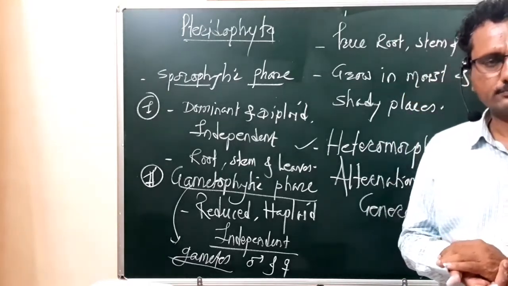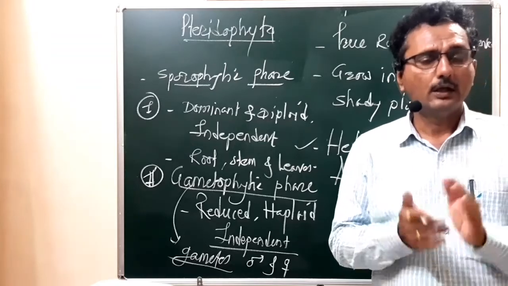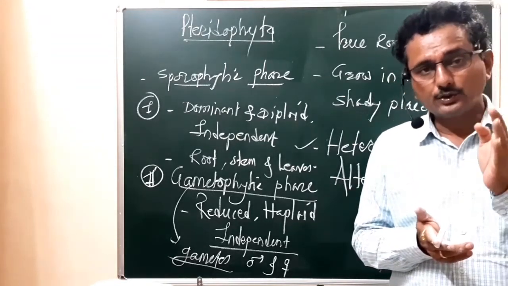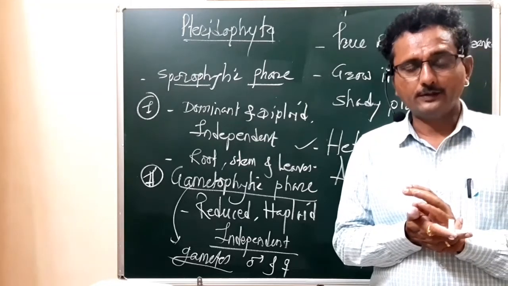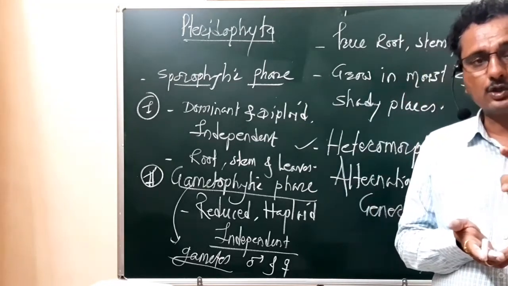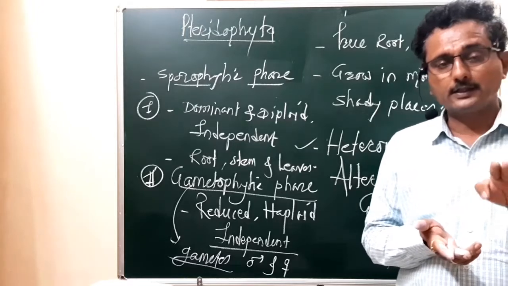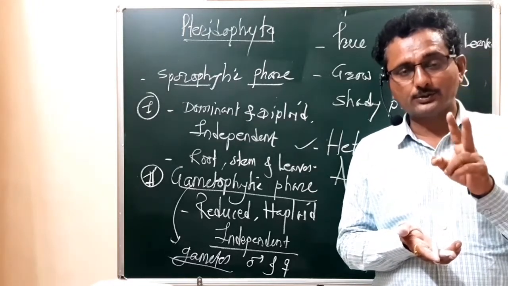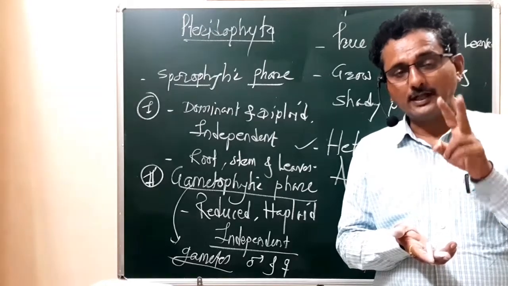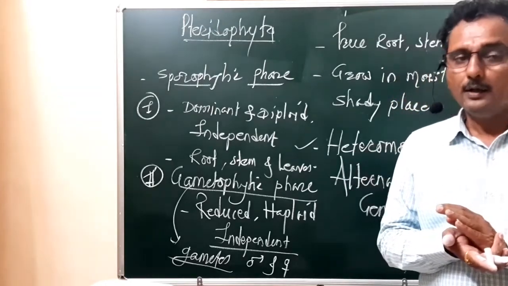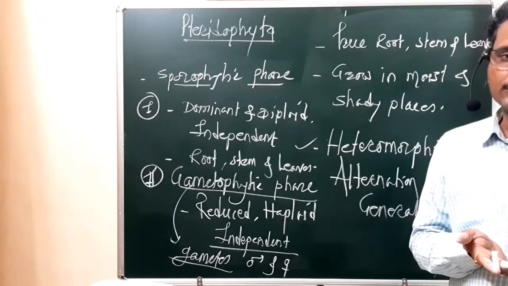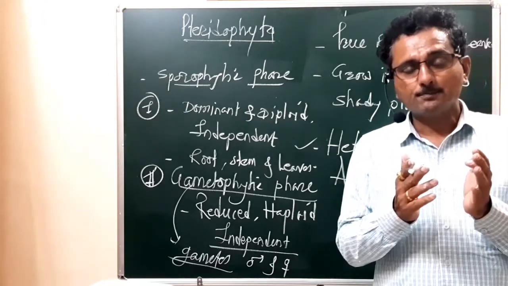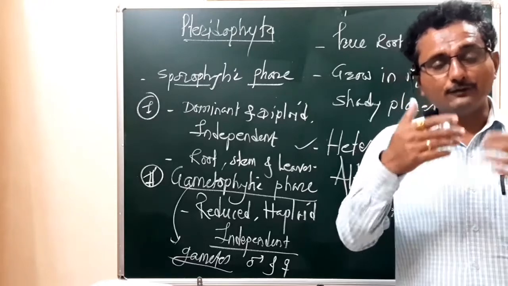In Bryophyta, the Gametophytic phase was dominant and haploid, because they produce their respective gametes. And what about the Sporophytic phase in Bryophyta? That Sporophytic phase is developed after fertilization.